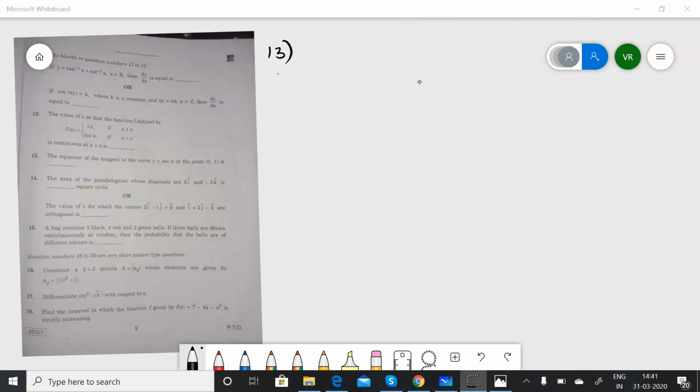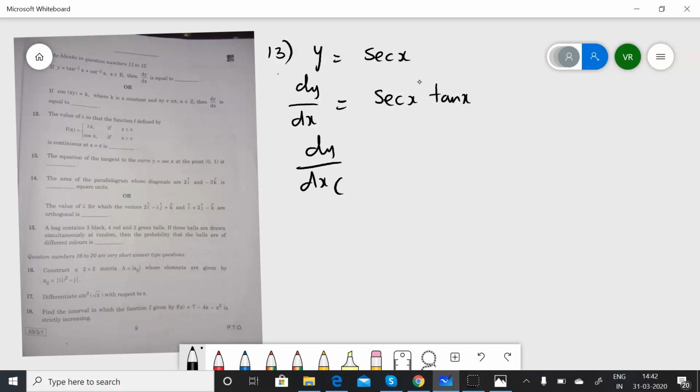13th one. The equation of the tangent to the curve y is equal to secant x at the point (0, 1) is dash. So given y is equal to secant x, dy by dx of secant x is secant x tan x. So dy by dx at (0, 1) will give you the slope.